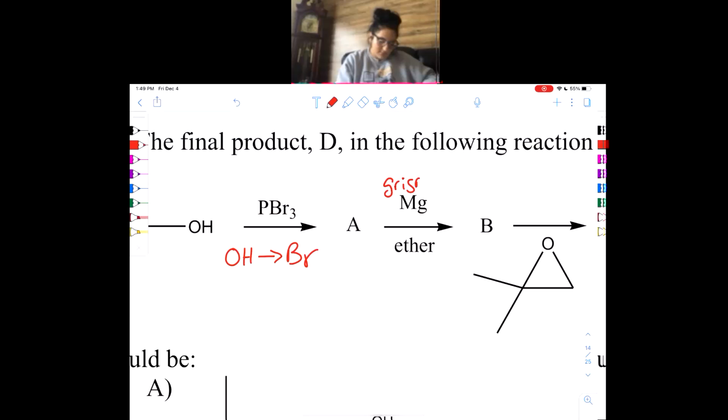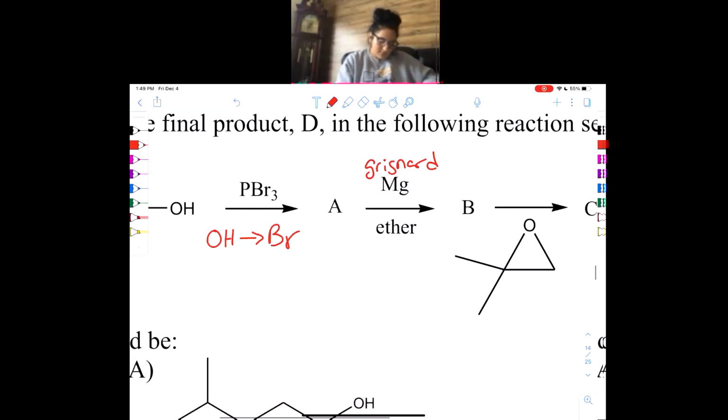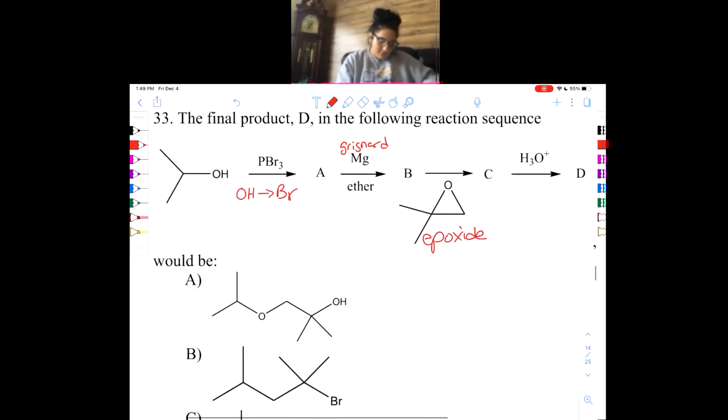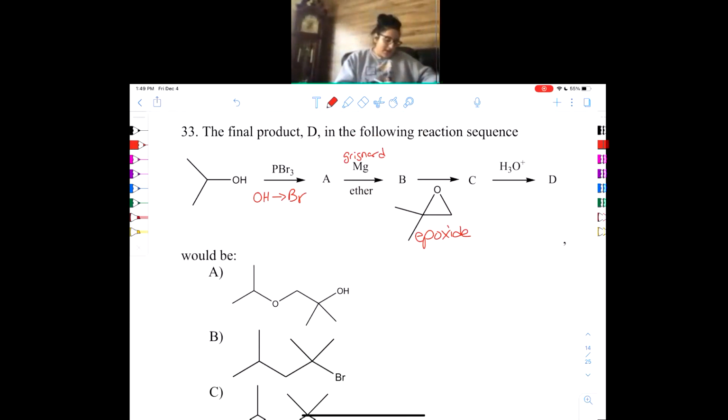Grignard. Sweet. Okay, and this is a what? Epoxide. Sweet. Okay, so then we have acid, whatever. So we are going from OH to Br to MgBr, which just means we have a what charge on that carbon? A minus.